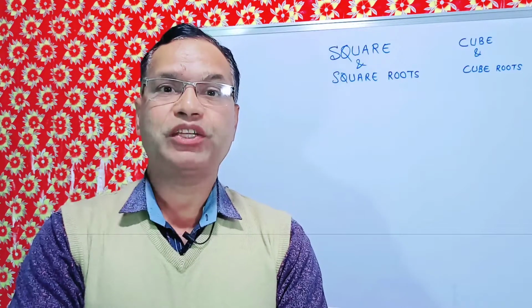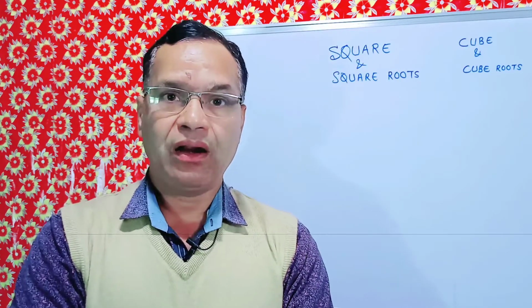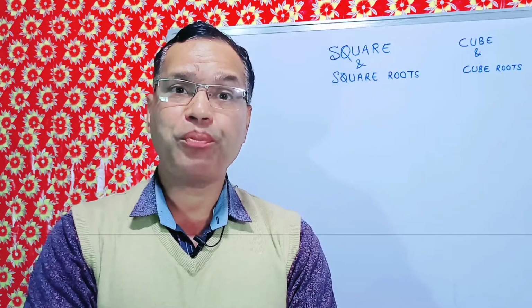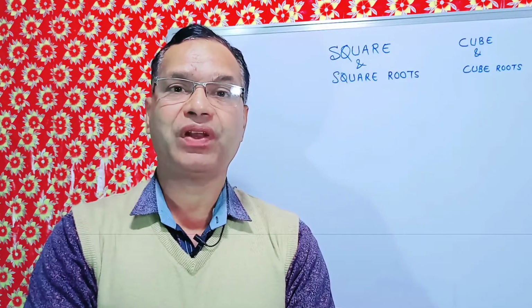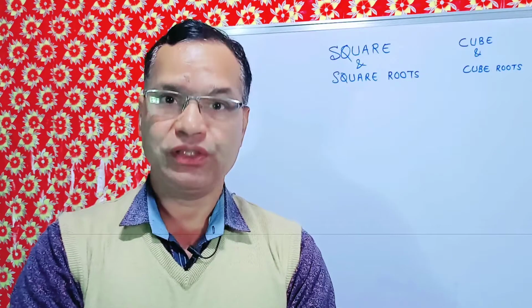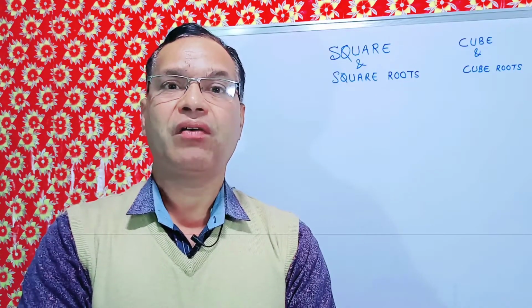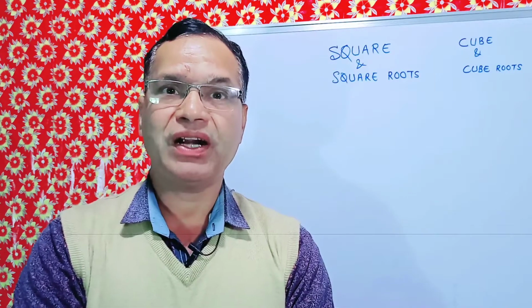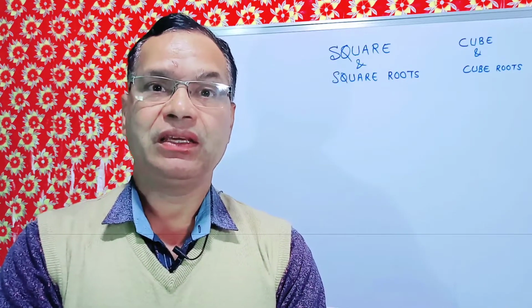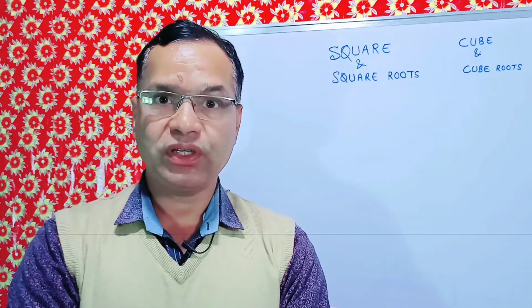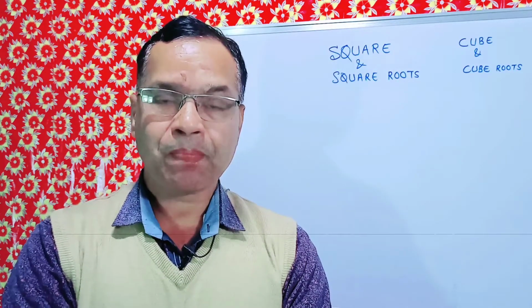Cube and cube root in the topic of compound interest and population before and after n years also. So this is very important for all of us to understand the concept of square and square root, cube and cube root.